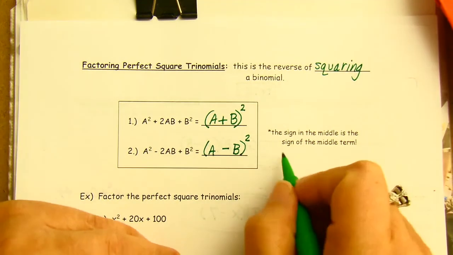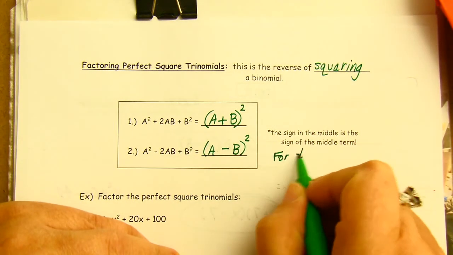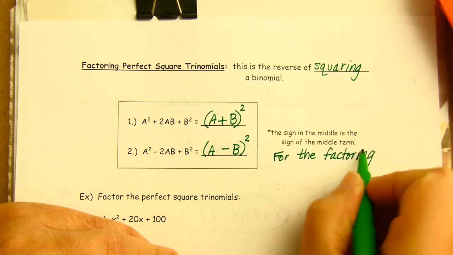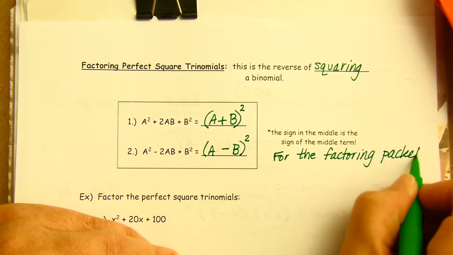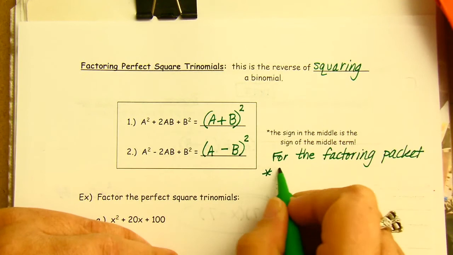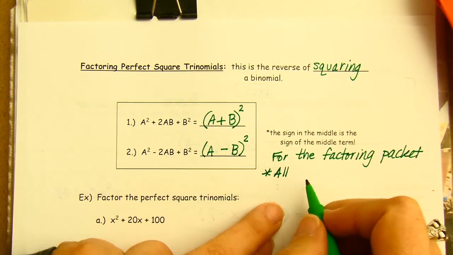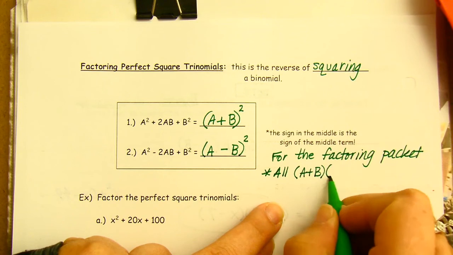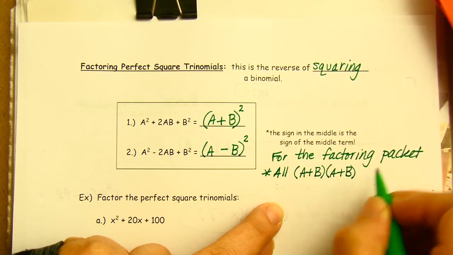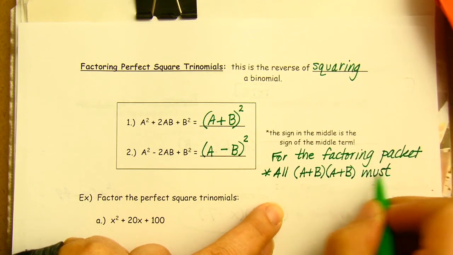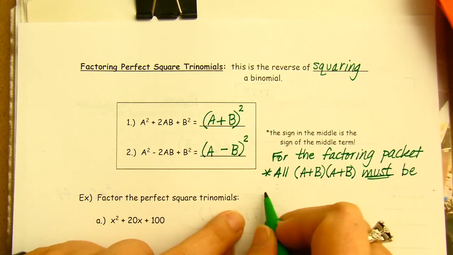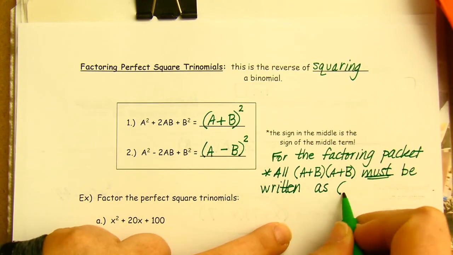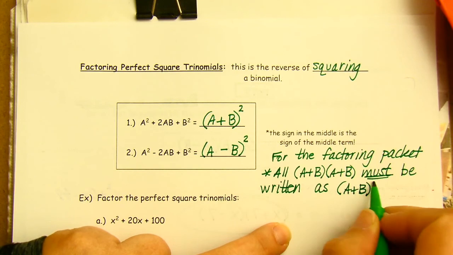Now I will tell you, for the factoring packet, A plus B times A plus B must be written as A plus B quantity squared.